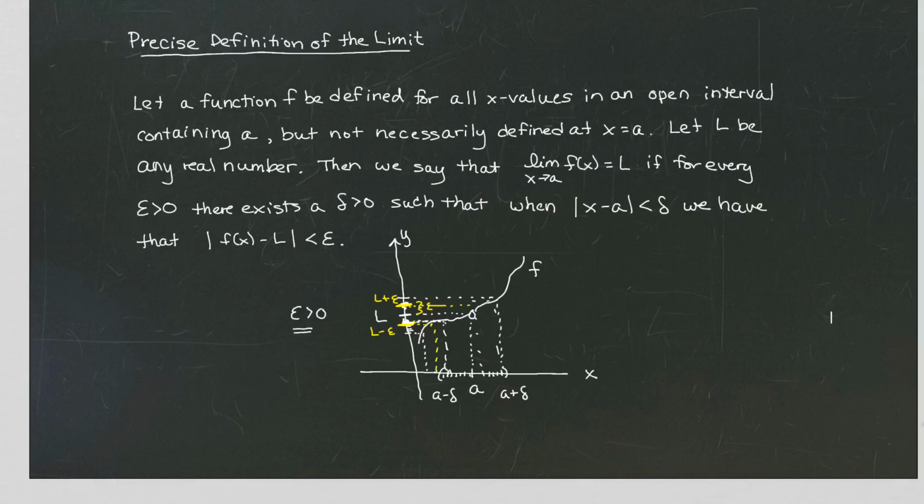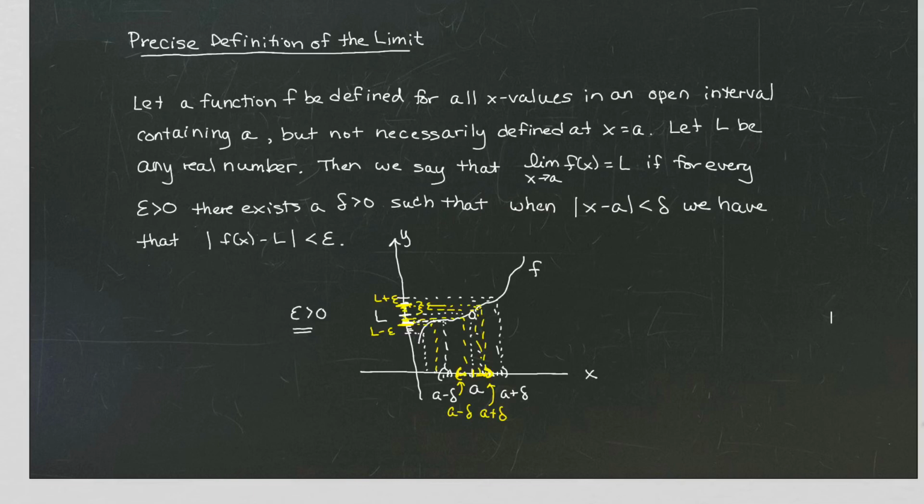In this case, let's now choose a new delta, so that I have all of the x values in this delta band around a now mapping to this new epsilon band on the y-axis.